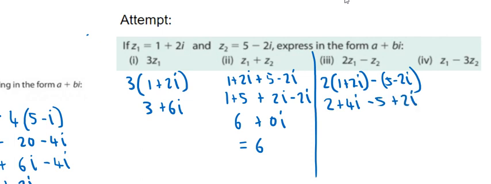And then if we put the real parts together, we have 2 minus 5, and we're to put the imaginary parts together, it's plus 4i plus 2i. So 2 minus 5 is minus 3, and 4i plus 2i would be 6i. So that's our final answer then.